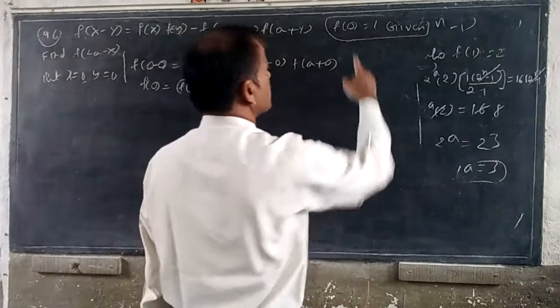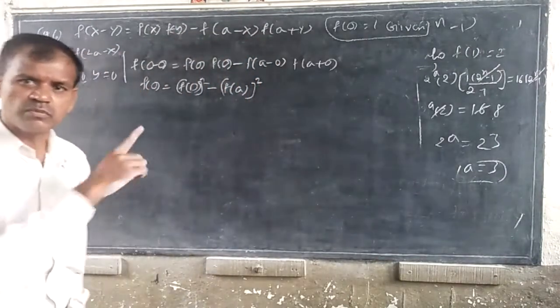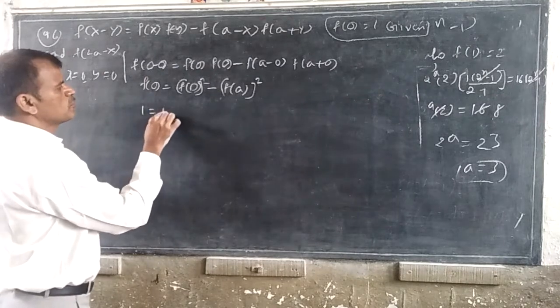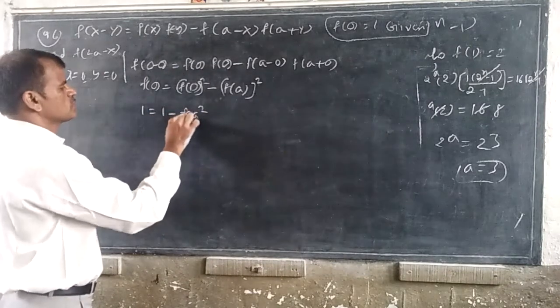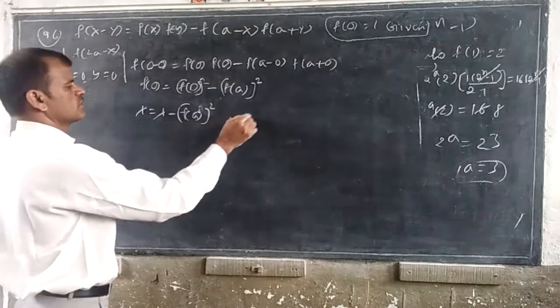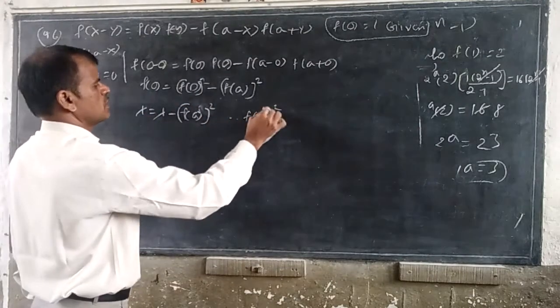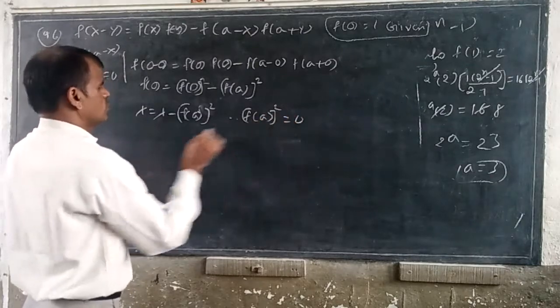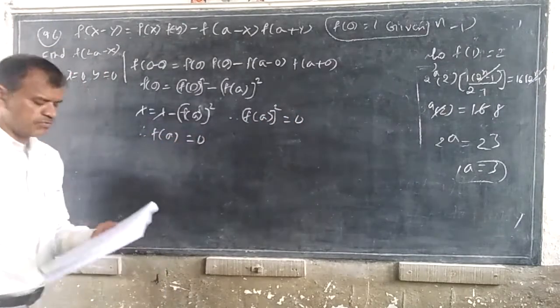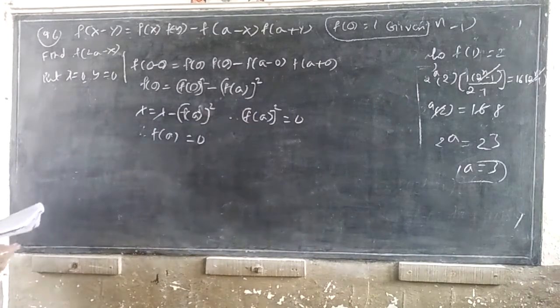F of 0 is given as 1, that is why I substituted 1 here. So 1 is equal to 1 minus f of a whole square. 1 gets cancelled, of course. Therefore f of a whole square is 0. We can say that f of a is also 0. F of a we got as 0.